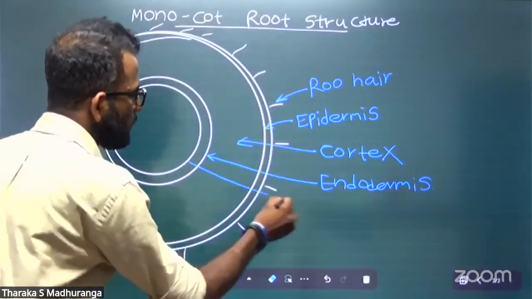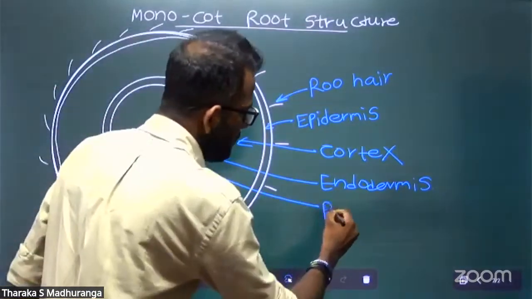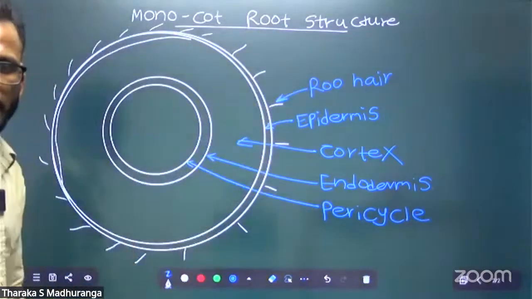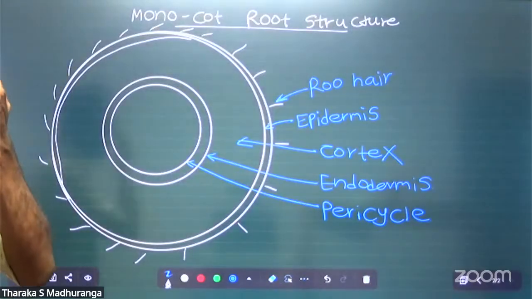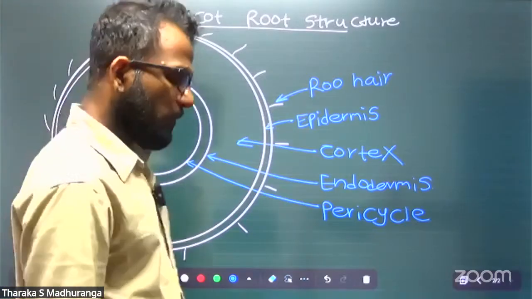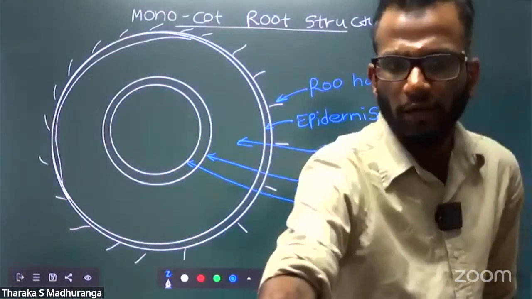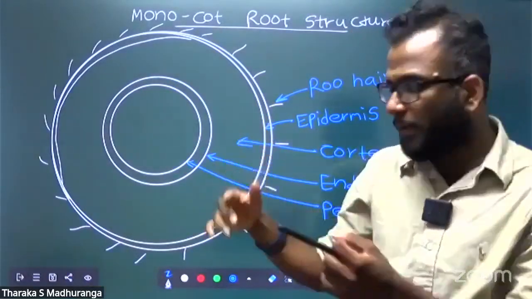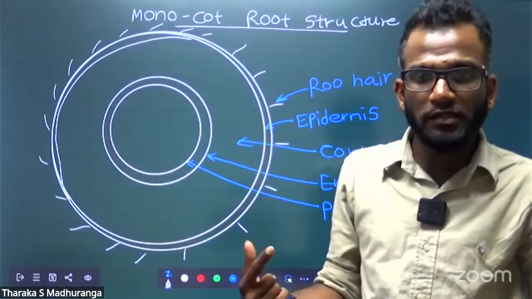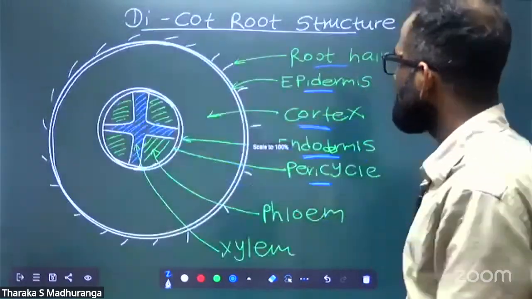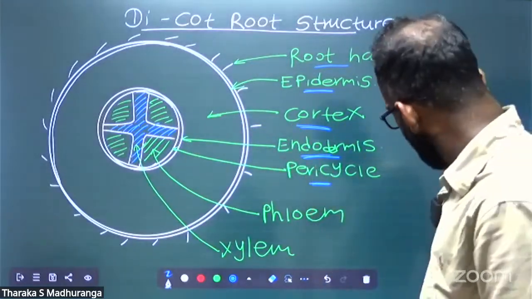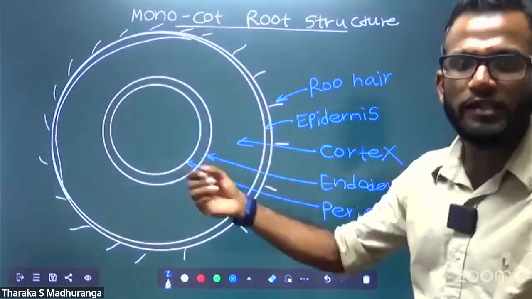This is the pericycle. Compared with the previous dicot page, up to now it is the same. Up to the pericycle it is the same, but the internal structure inside the pericycle is different.